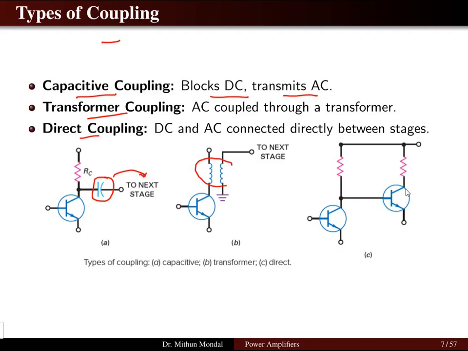Whereas with transformer coupling, the AC will be coupled through a transformer. With direct coupling, DC and AC are connected directly between the stages. So the second transistor is directly coupled to the first transistor's output. In this way, different stages of the amplifier will be coupled either by capacitive, transformer, or direct coupling.